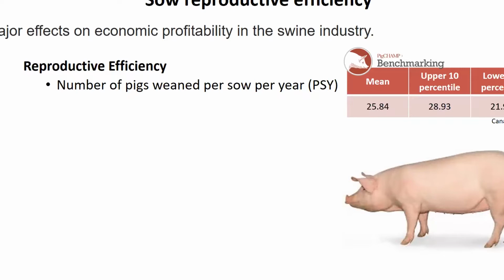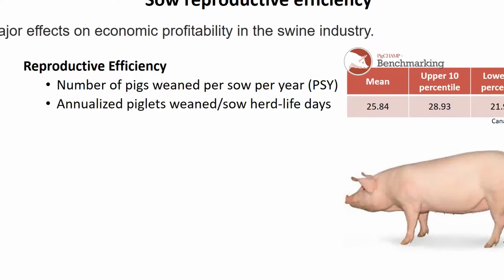One of the limitations of using pigs weaned per sow per year is that it doesn't take into account the longevity or retention of that female within the herd. Another way we can measure this is through annualized pigs weaned per sow herd life days.